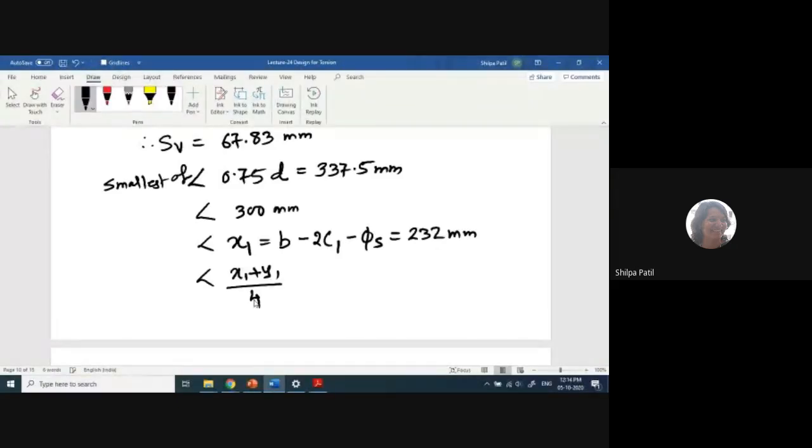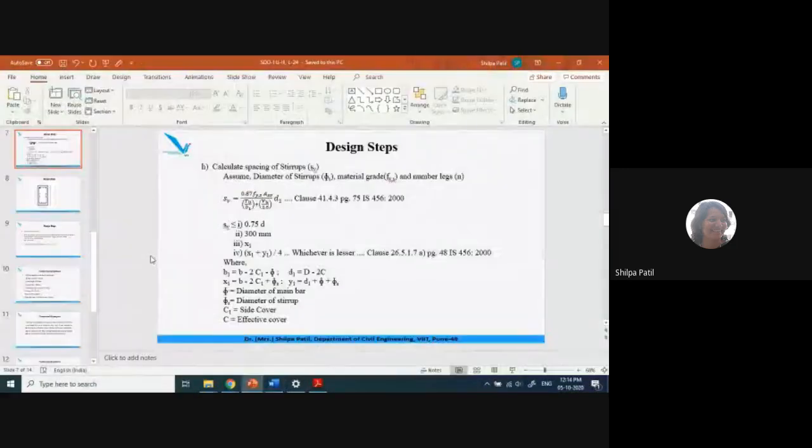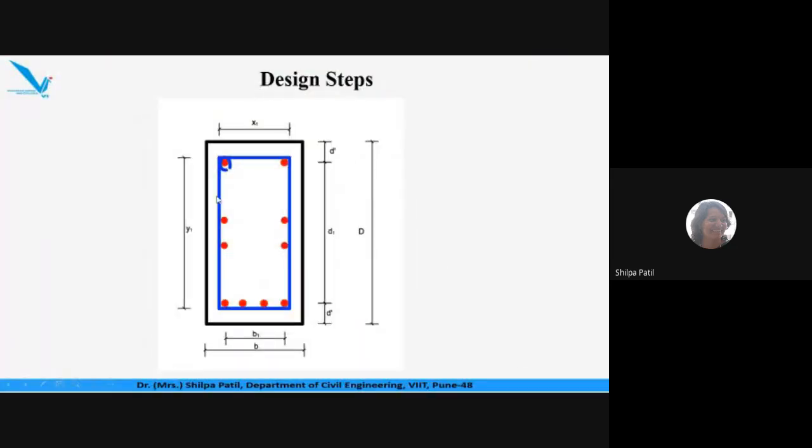Okay, so let me do the calculation over here. y1 is the longer dimension of the stirrups. Similar to d1, we have to calculate y1. This is very simple now.